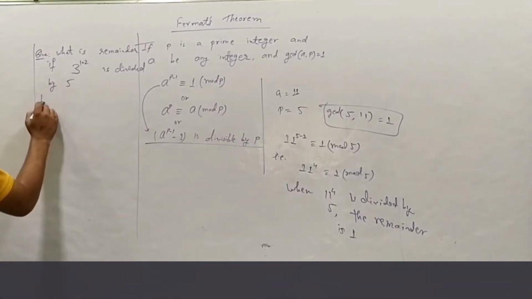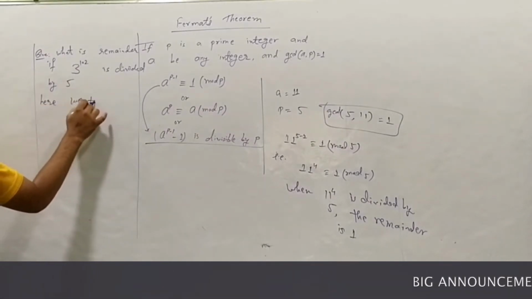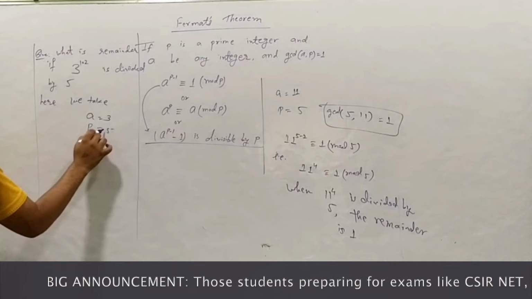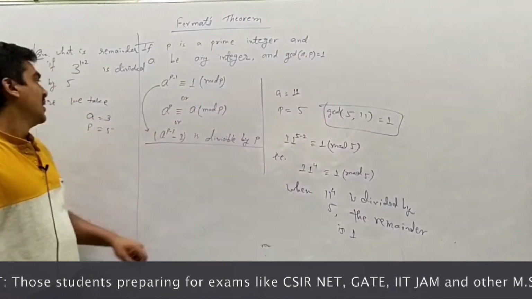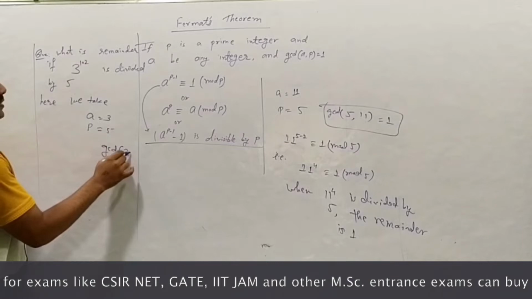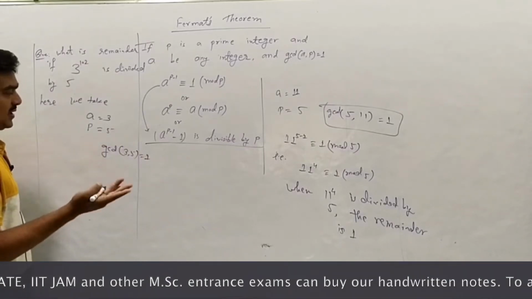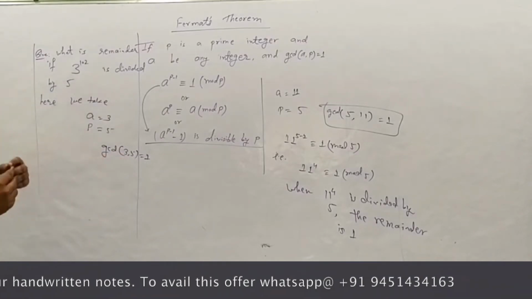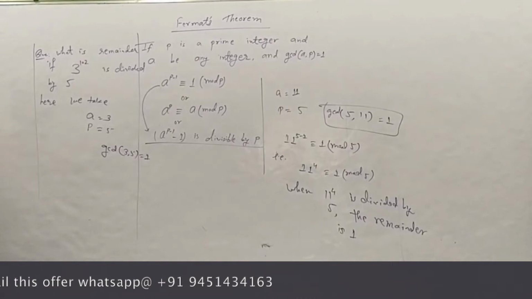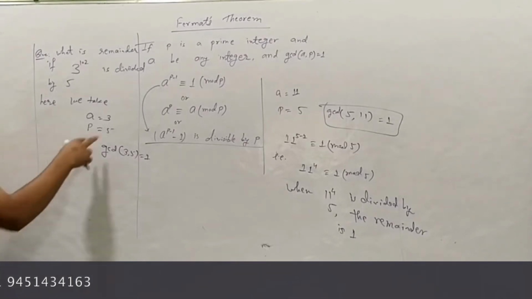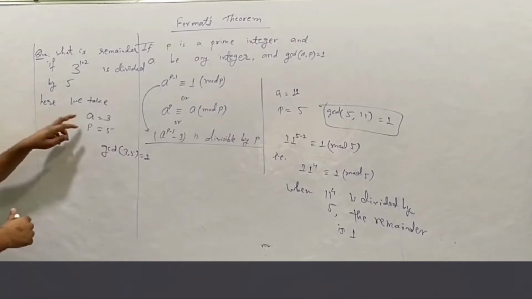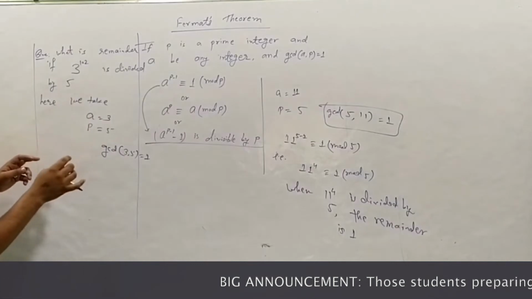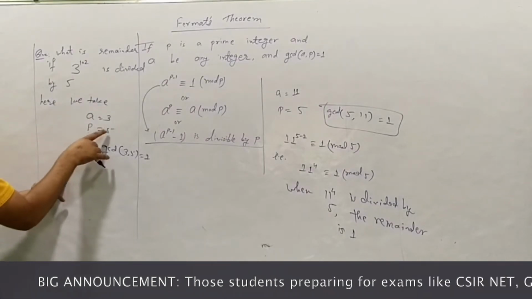So here we take a equals 3 and p equals 5, and we check this condition: is GCD of 3 and 5 equal to 1? Yes, because 3 and 5 are relatively prime numbers. So by using this theorem, in place of a we write 3, that is 3 raised to the power p minus 1, that is 3 raised to the power 5 minus 1.